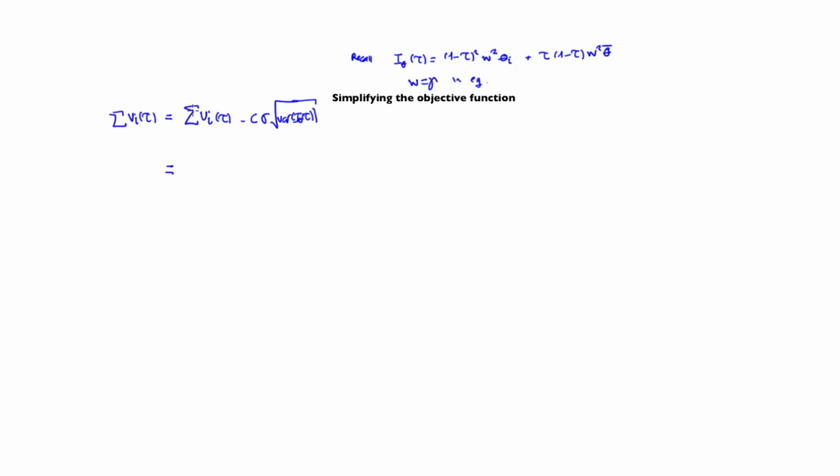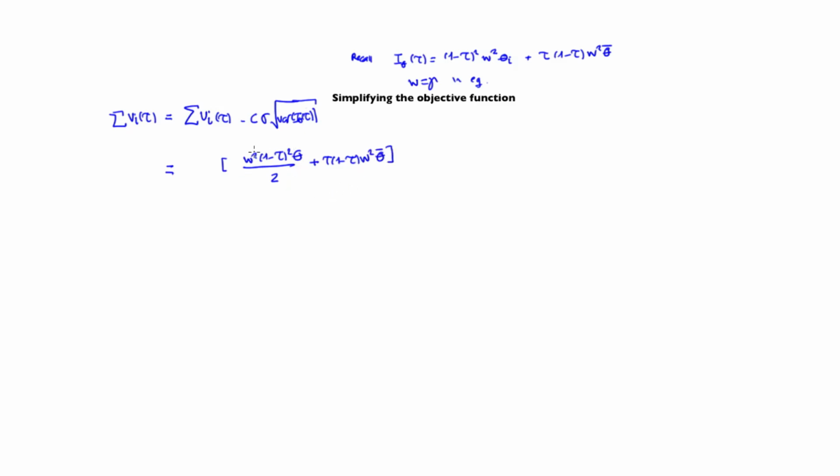Okay, so let's rewrite what these utility functions are. We proved last time that, for an individual of type theta, it will be equal to w square (1 minus tau) square theta divided by 2 plus tau (1 minus tau) w square times the mean theta.